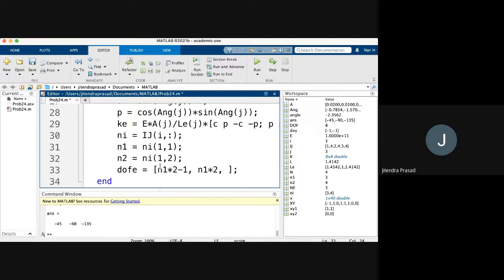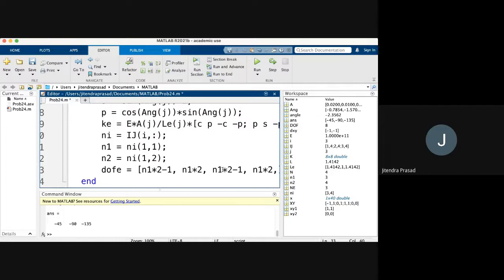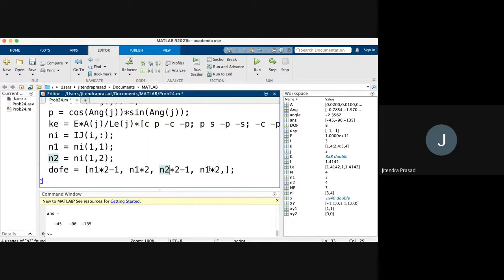Similarly, the same thing you can write here. So n2 multiplied by 2 minus 1, n2 multiplied by 2. Whenever you program, remember that sometimes you copy and you forget to change things.